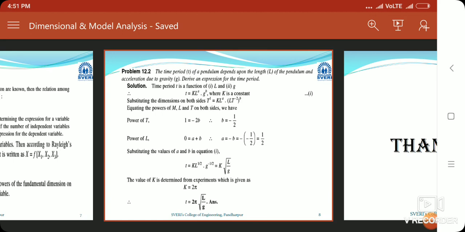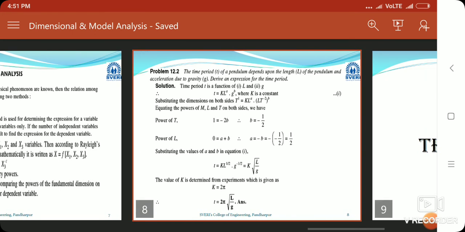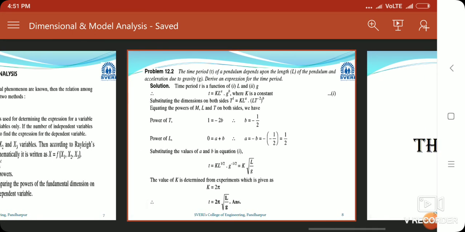But we know b is equal to minus 1 by 2. Therefore a is equal to minus b, which is plus 1 half. Therefore, we can say that T is equal to k into L raised to 1 by 2, g raised to minus 1 by 2.